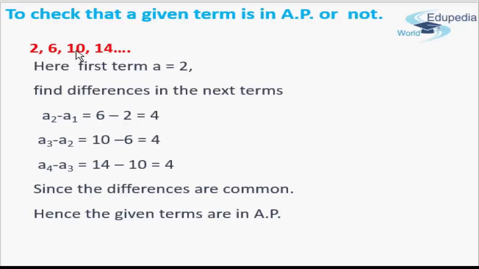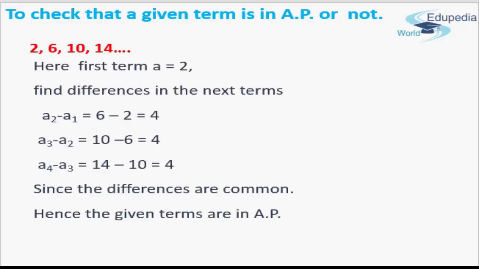Just check the third and the second term: 10 minus 6 is once again 4. And then 14 minus 10 once again gives you 4. So you see the difference between the terms is 4. That is, they have a common difference. So since the differences are common, we know that the given terms are in arithmetic progression. This is the way to find it.